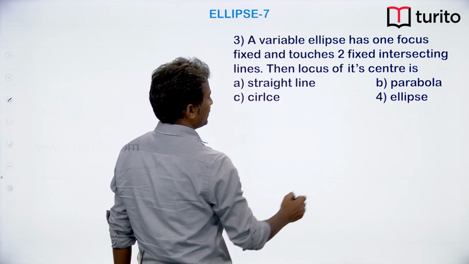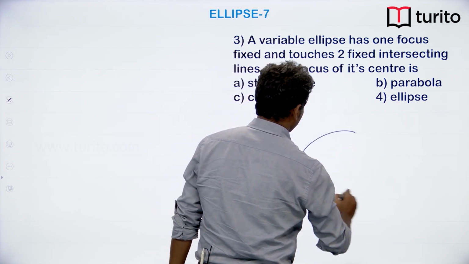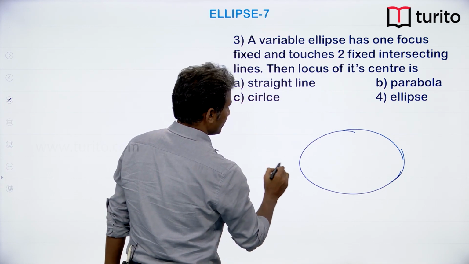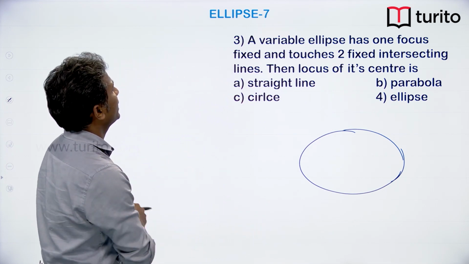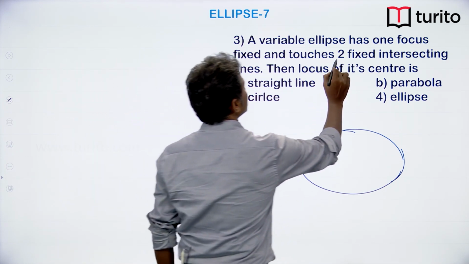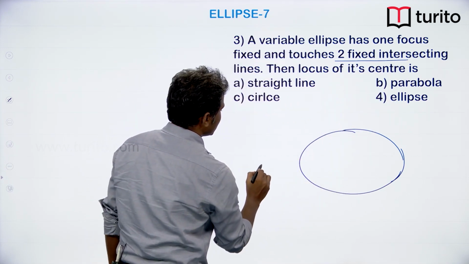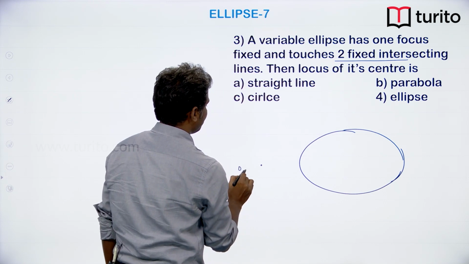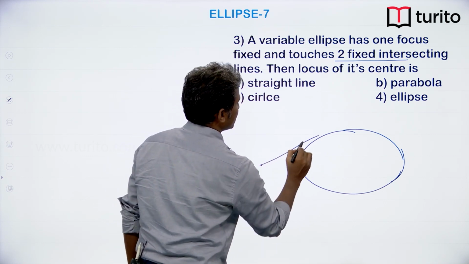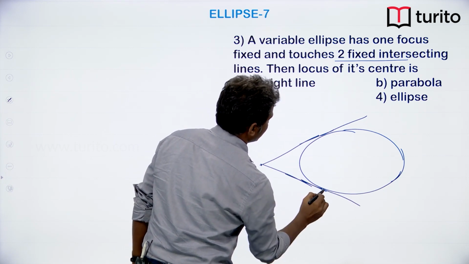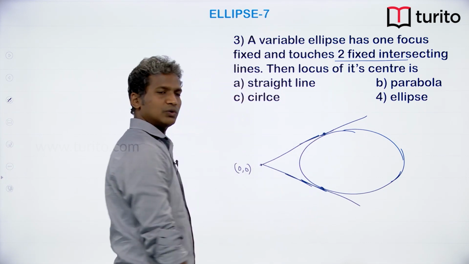So let us say I have taken one ellipse here. We have to take two fixed intersecting lines. Now let us take the point of intersection of the lines as the origin, and let us take two lines here, one line here, other line here. So these are two tangents.